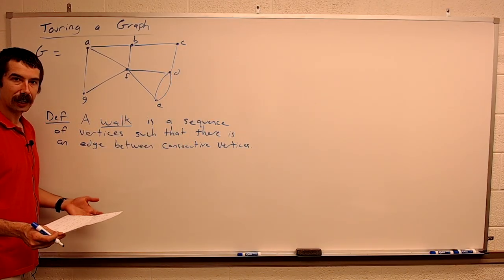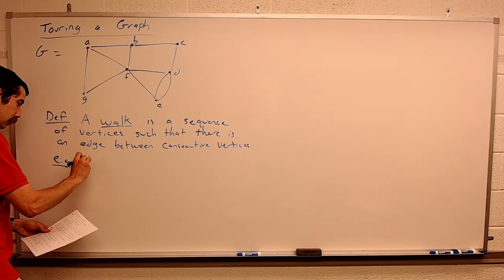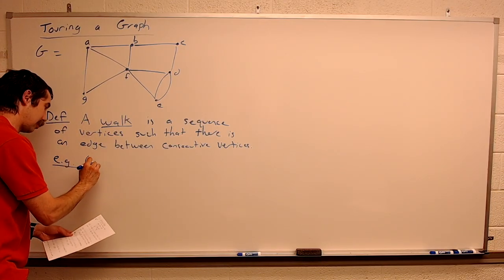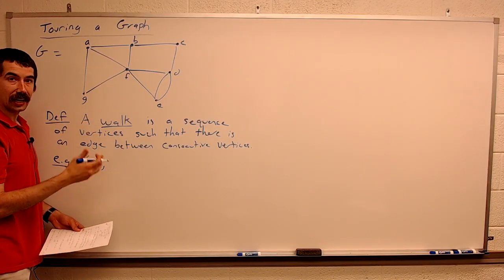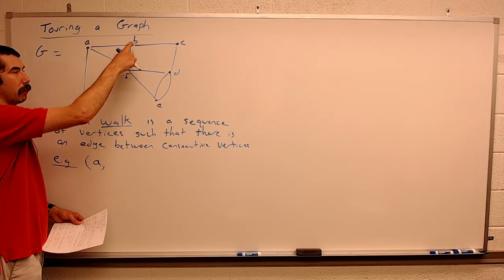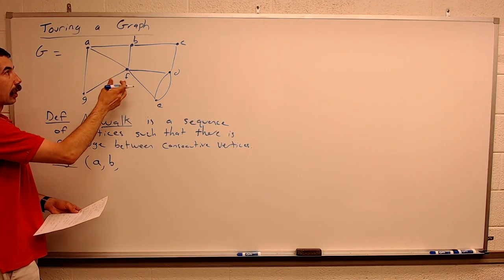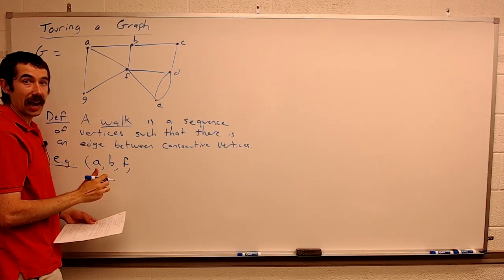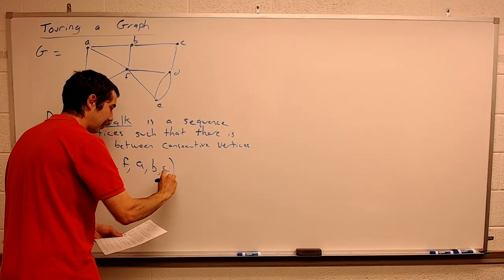All right, so let me give you an example of a walk. So for example, maybe we start at A. And so the next vertex has to be one that's neighbors with A. So it could be G, F, or B. Maybe it's B. Now we're at B. And let's say we go down to F. And maybe we travel back to A. And back to B. And then finally to C, right?